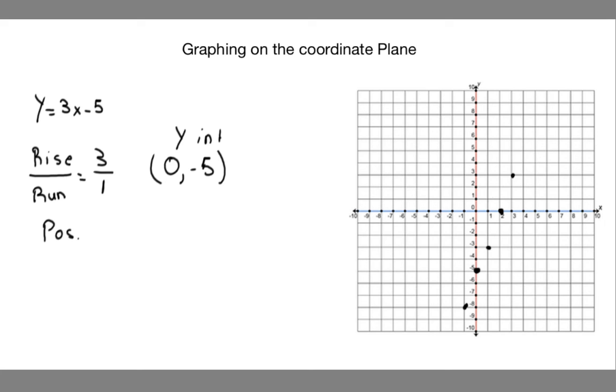As before, we could just continue doing this forever, but for the sake of time, we're just going to stop there, draw our little line through all the points, and draw some arrows at the end. And this is just how we graph the equation y equals 3x minus 5.